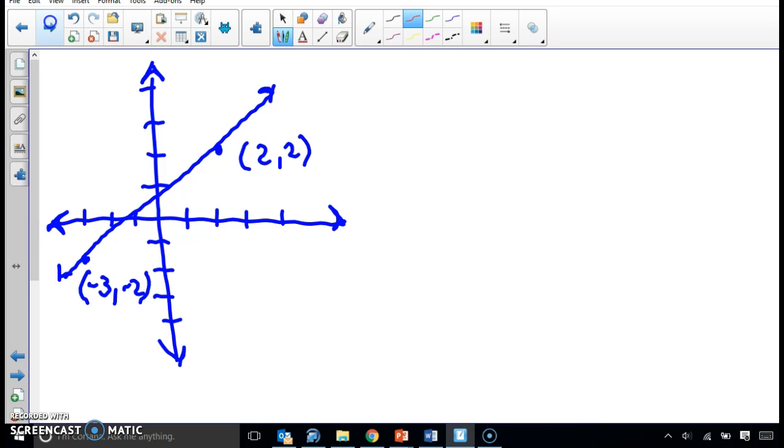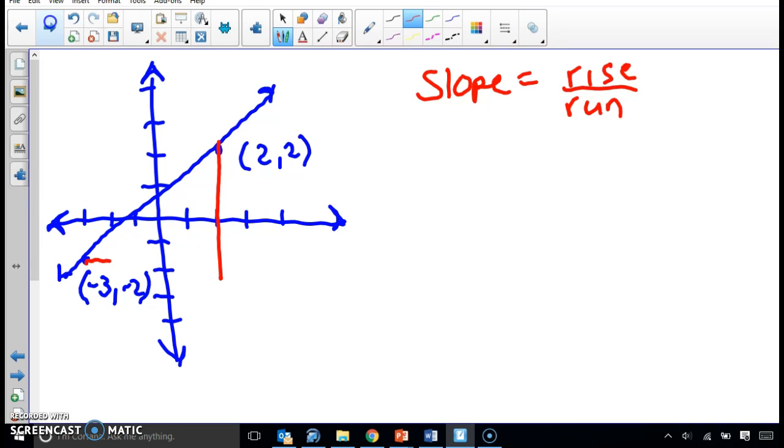Slope is rise over run. The rise between my points is going to be the vertical distance between them. So to get from here to here, how many blocks am I going? I'm going from negative 2, negative 1, 0, 1, 2.